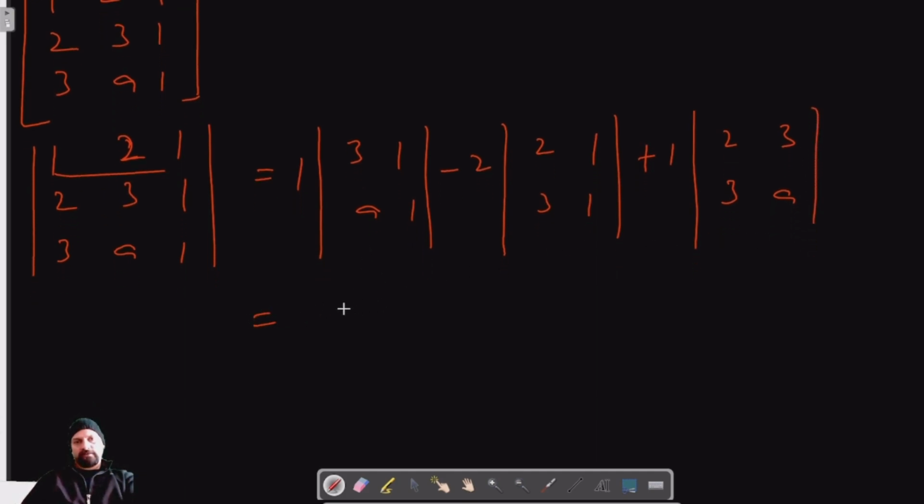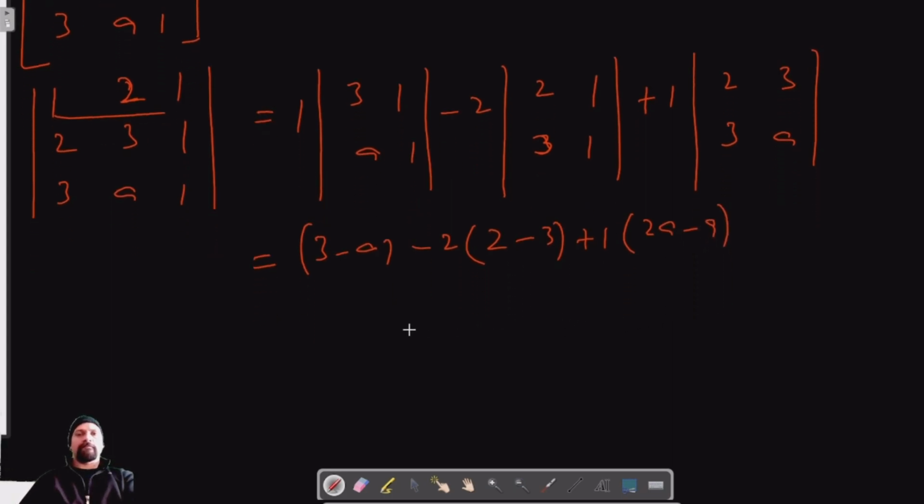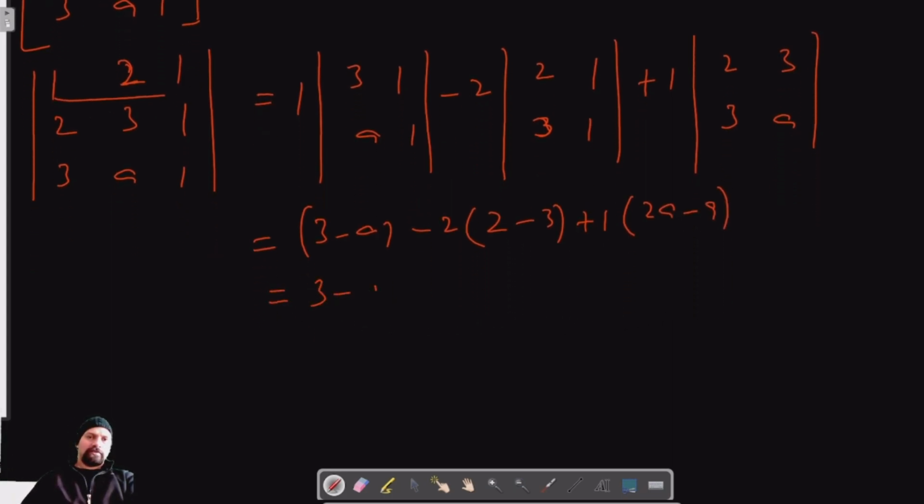Now this gives us 3 minus a, minus 2 into (2 minus 3), plus 1 into (2a minus 9), which gives us 3 minus a. 2 minus 3 is minus 1, and into minus 2 is plus 2, plus 2a minus 9. Minus a plus 2a is a, 3 plus 2 is 5, and 5 minus 9 is negative 4.